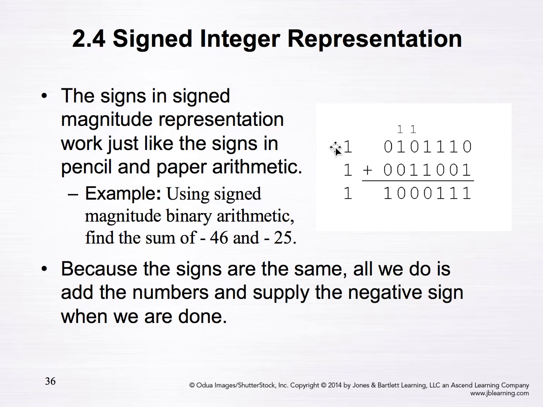Okay, for the sign, both of them are negative, so we just combine and get the negative sign right here. So that's the way we do the sum of two negative numbers. That's the same way we add the numbers and then apply the negative sign when we are done with the number.